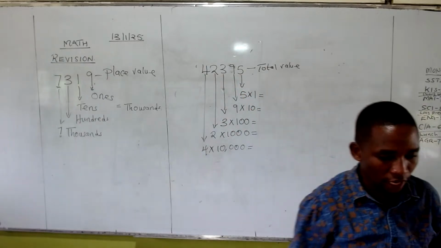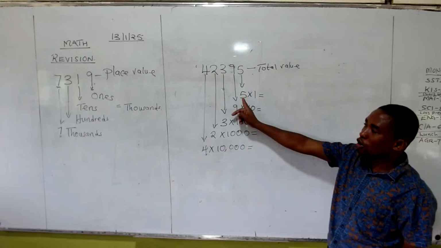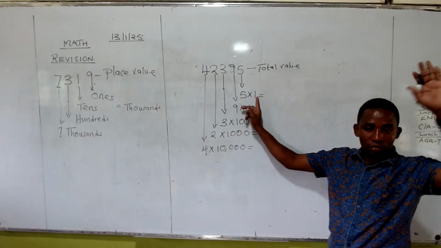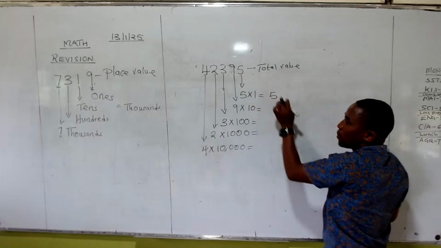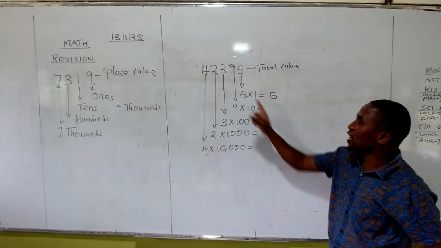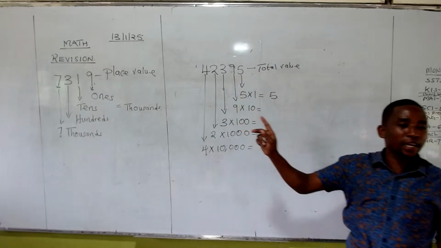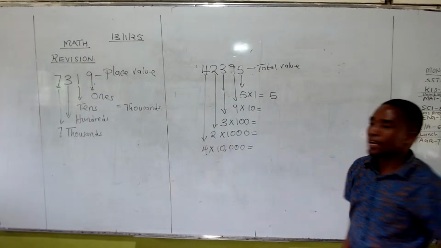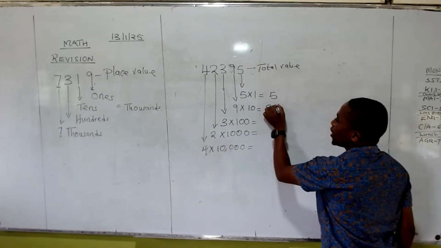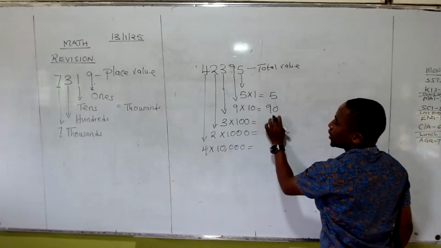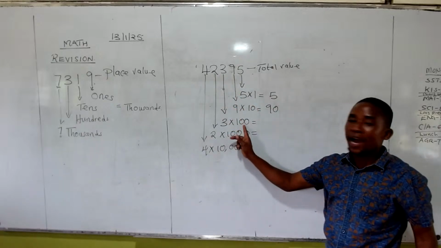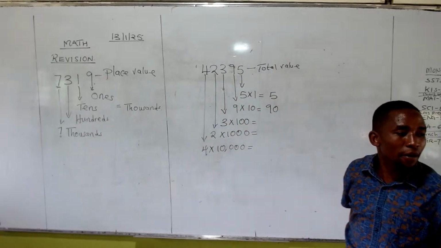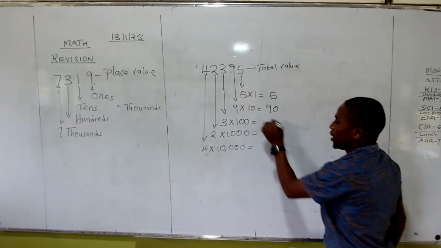Are we together? Yes. Now, what is the result of 5 times 1? 5. So the total value of digit 5 in this number is 5. What is the result of multiplying 9 by 10? 90. So the total value of digit 9 in this number is 90. What is the result of multiplying 3 by 100? 300.